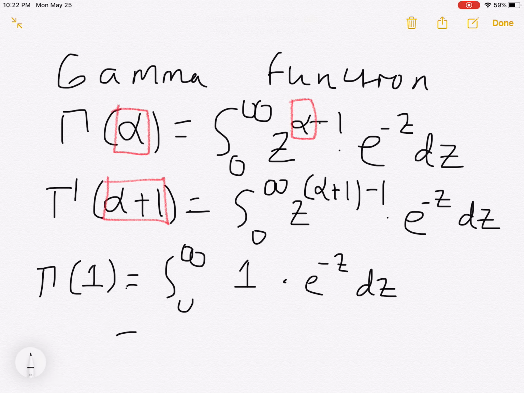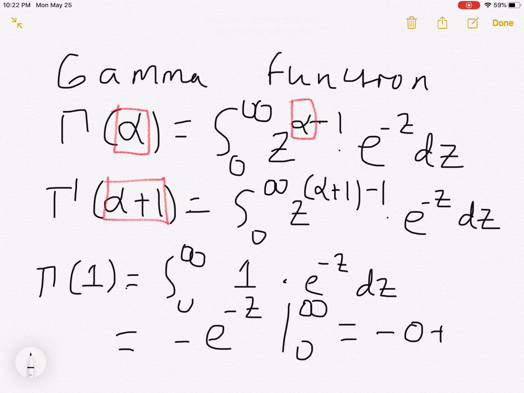This is an improper integral, but I'm going to neglect that for now. It becomes minus e to the minus z, evaluated from 0 to infinity. When we plug in infinity, that limits to 0. Plus, the double negative makes it a plus, e to the 0, which is 1.